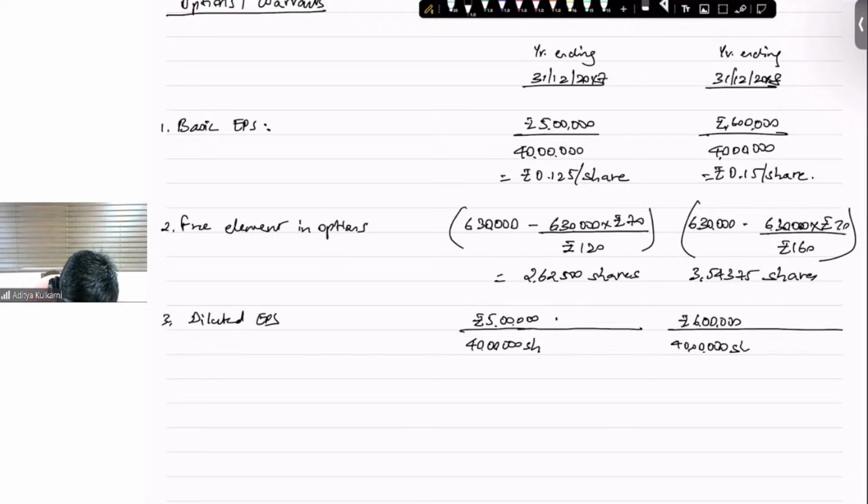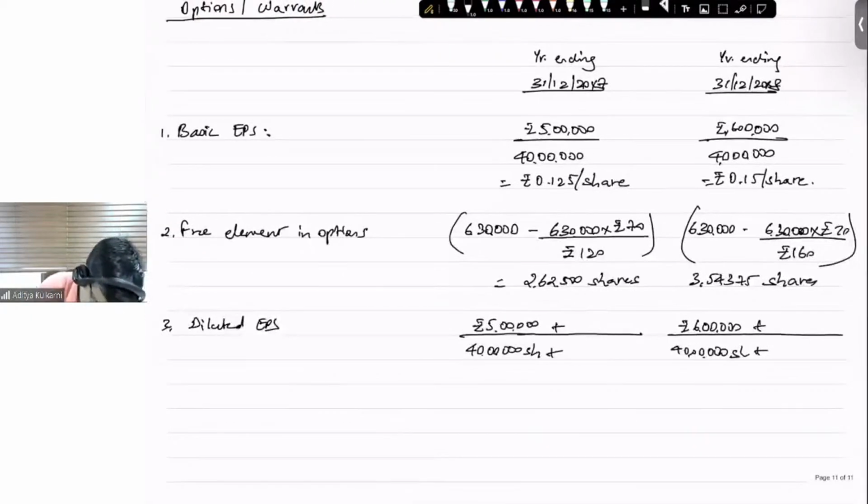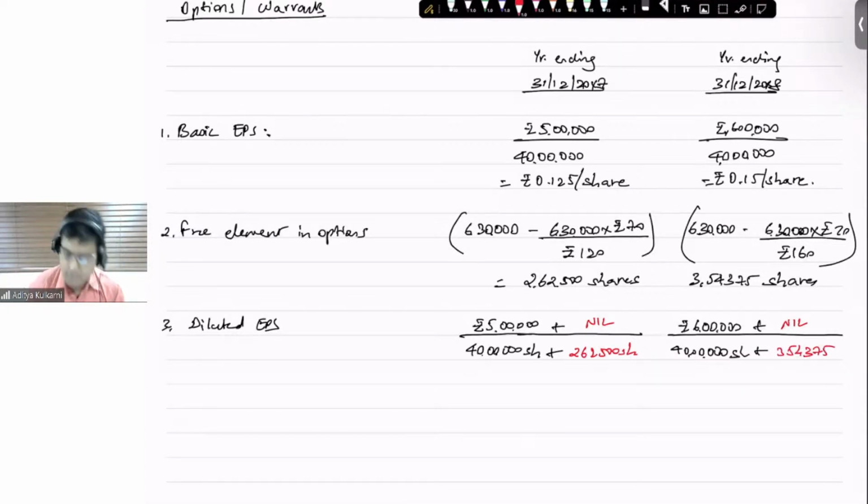Acha, because of options, will there be any change in the earnings? Answer is no. So no change in the earnings. What will be my free element in the options in the first case? 260 to 500. And in the second case, it is 354, 375.